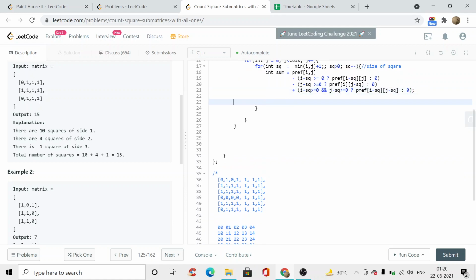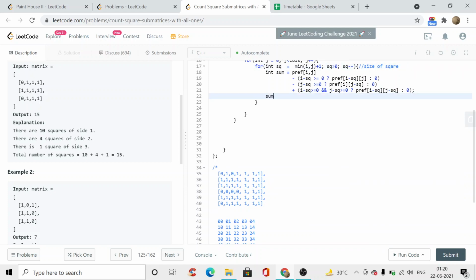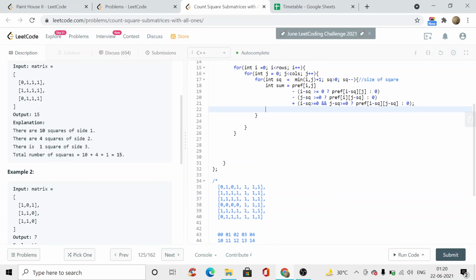Now I can check whether this sum is equal to what it should be.